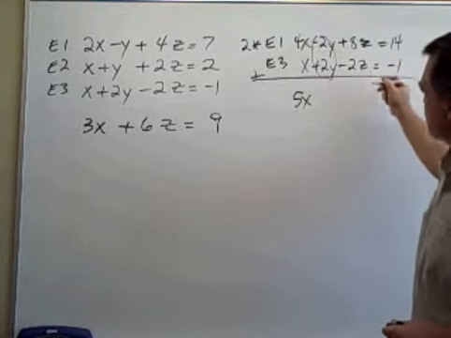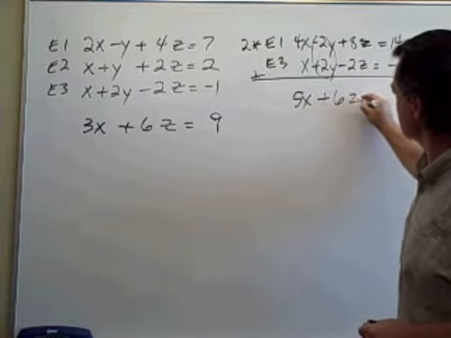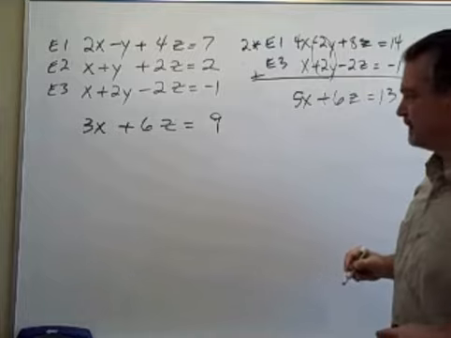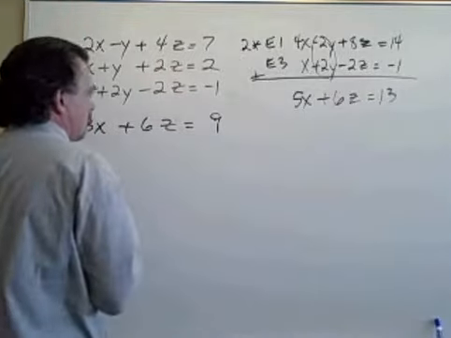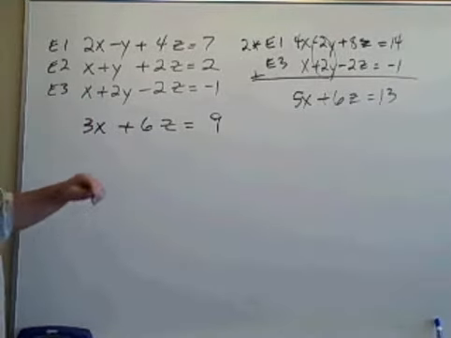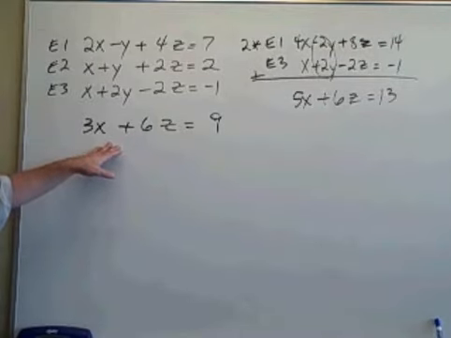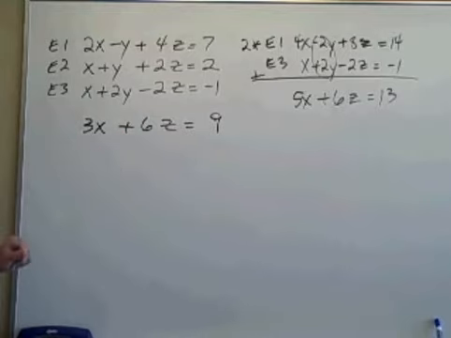Plus 8z minus 2z is plus 6z. 14 plus negative 1 is 13. So now I have these 2 equations to work with, and I can work with them to try to find a value for x or z, whichever I decide, by eliminating one of those variables.